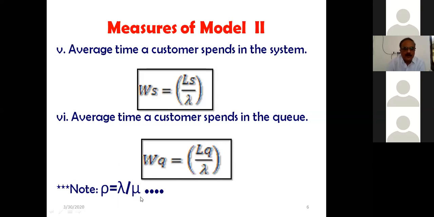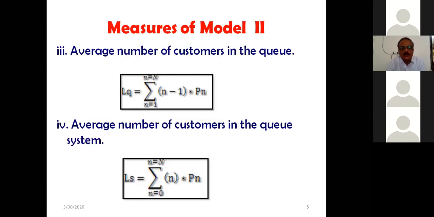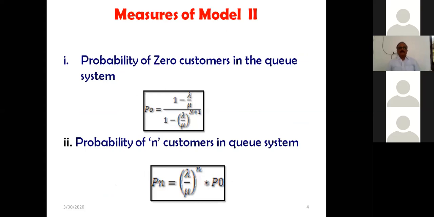I have already explained that if you want to simplify all these formulas, you can put rho, that is traffic intensity, which is equal to lambda by mu. So you can change all these formulas by substituting rho instead of the ratio of lambda by mu. So these are the 6 basic measures of the model. That means these 6 formulas we can use to check the features of this particular model.